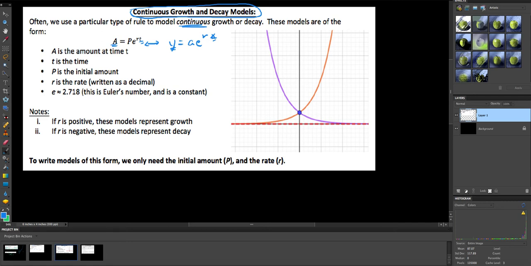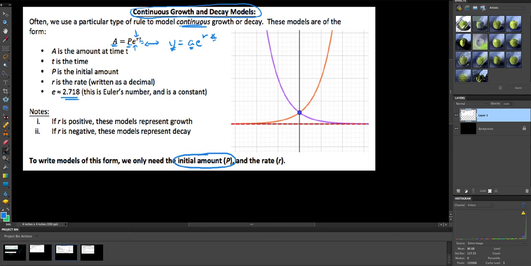So A is our amount of something at a given time t, where P is our a value formally, our principal or initial amount, and then e is Euler's number, this constant 2.718, and r is our rate. Here, we write this as a decimal. This is a really convenient model, and the reason why is just because we would only need to model it using two things.